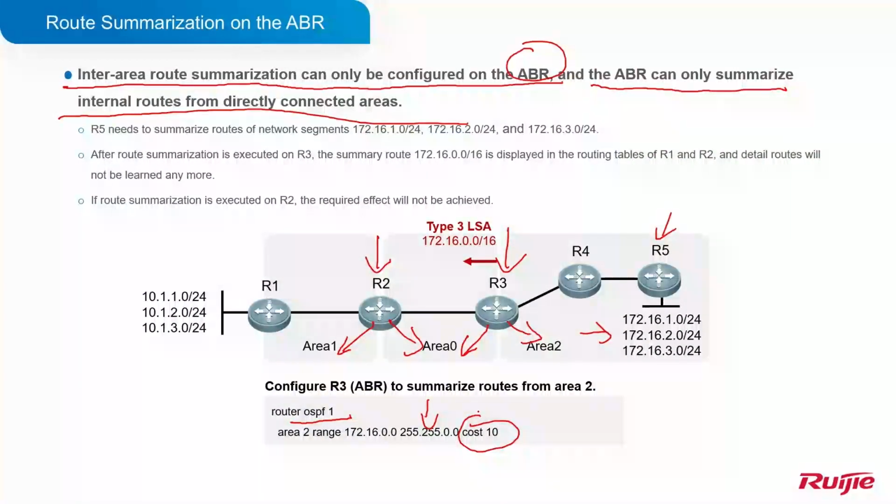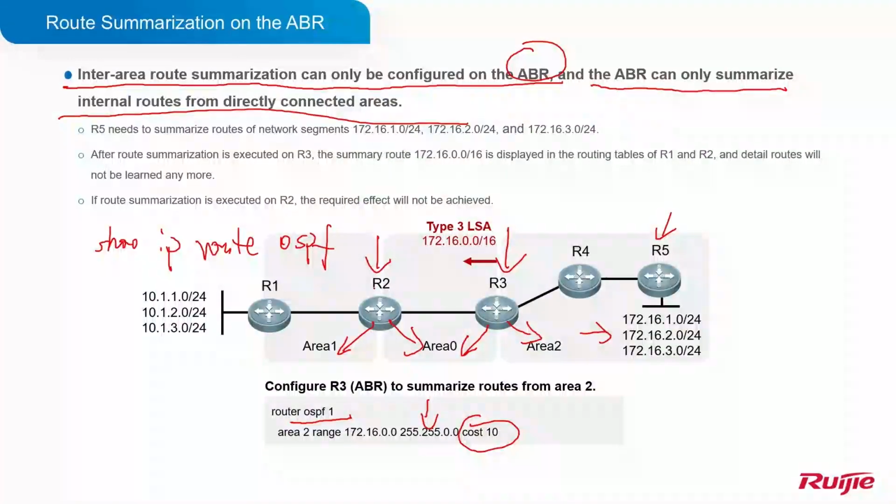So we add this command on the R3 device, and then the R3 device will deliver the type 3 LSA information as 172.16.0.0 into other areas. So R1 and R2 receive this routing information, and we can use the command show ip route ospf.